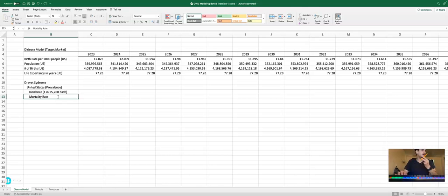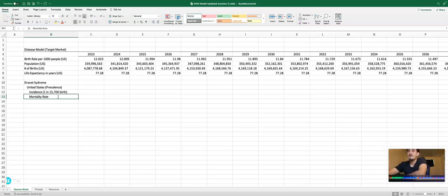Okay, so the mortality rate, now there is a lot of data on this, but if you think of the population of people with a specific disease, you can think of it like a cup of water. So the incidence is the flow into that cup, and the prevalence is the amount of water in that cup at a specific point in time.